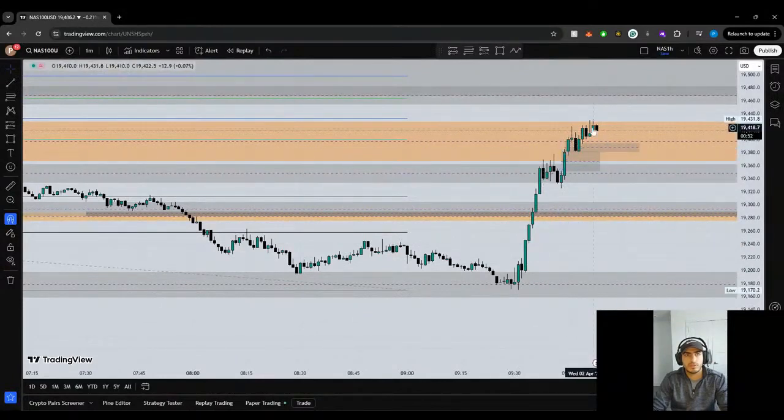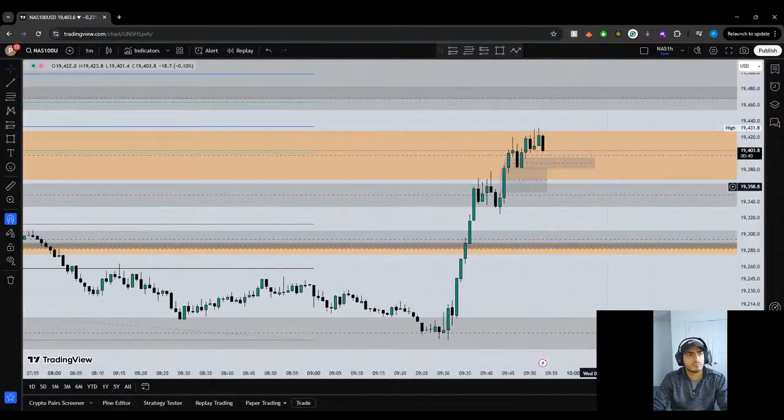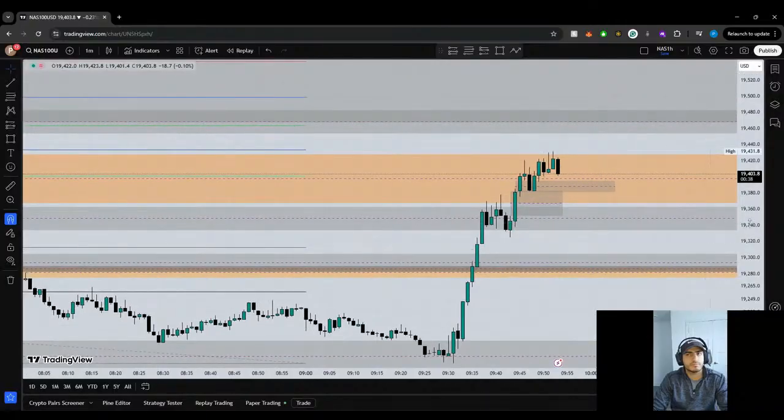Feels like it's losing steam a bit over here. See how it reacts over on this fair value gap.